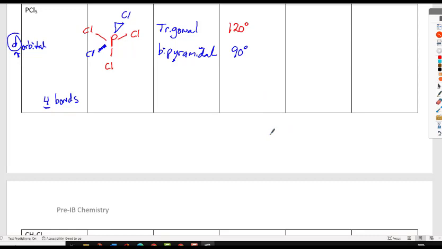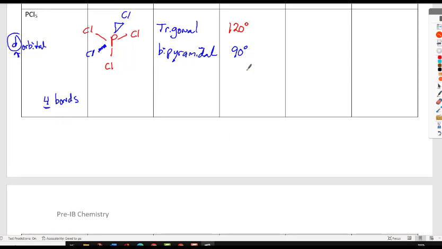So that's how those work, one going into the plane, one going out of the plane. That's why we get 2 different angles. So there's some in the same plane and one coming out of the board, one going into the board, giving us these different weird angles.